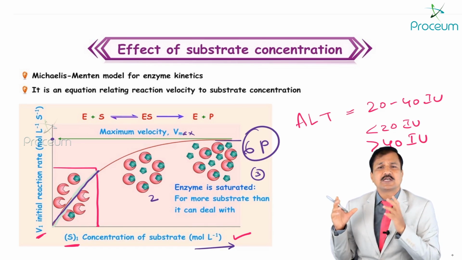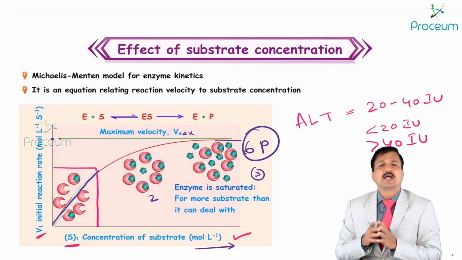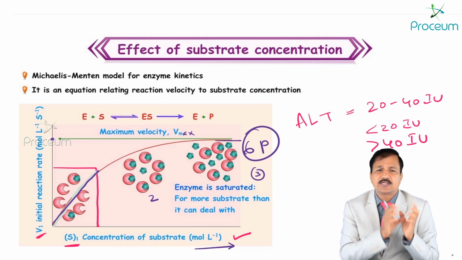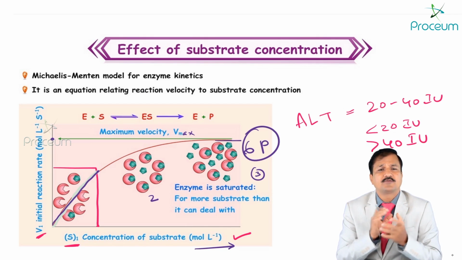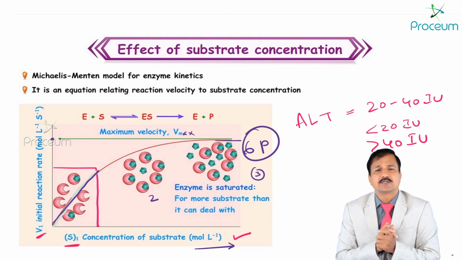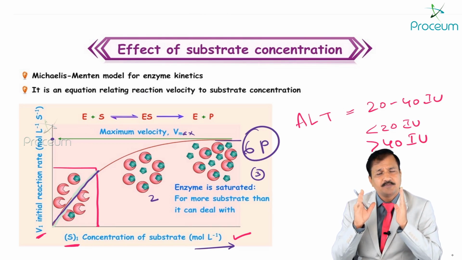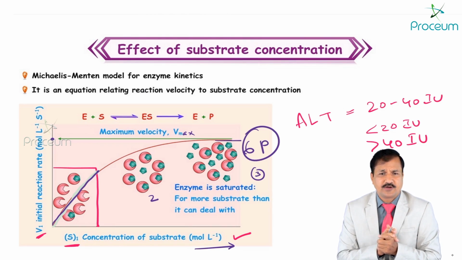The enzymes will be waiting for the substrate, and since there are plenty of active sites available and less substrate, the majority of these enzymes will be working at first order kinetics, that is, velocity of the reaction is directly proportional to the substrate concentration. So that's where most of our enzymes are.